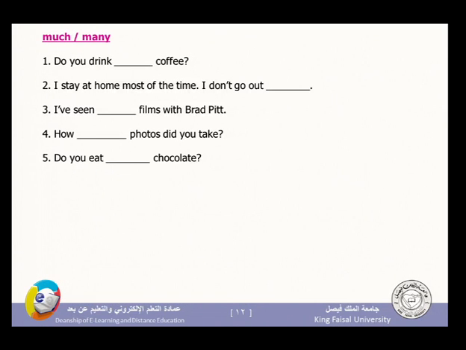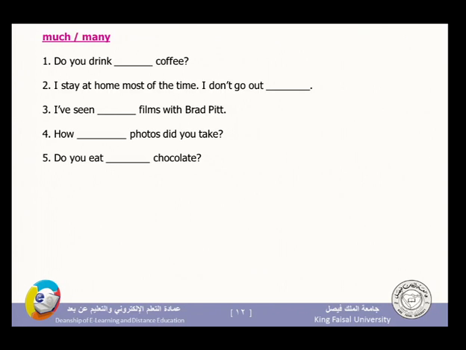Do you drink coffee? Much or many? Coffee is uncountable, so much is to be used. Do you drink much coffee? I have seen films. It has the S, which is the suffix of the plural. This means I'm talking about plural.